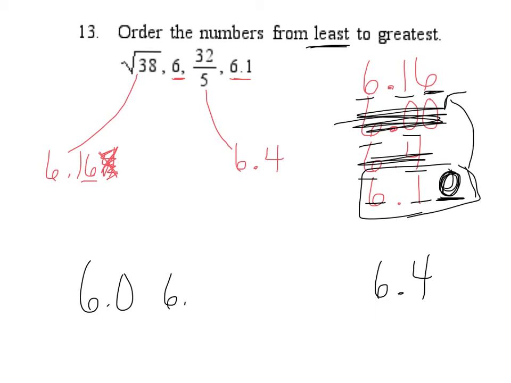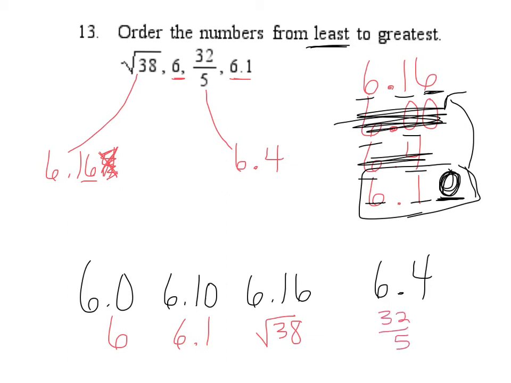So it would be 6.10 and 6.16. But this is not a correct answer because we need to change these back to their original form. So 6.0 was originally 6, 6.10 was originally 6.1, 6.16 was square root of 38, and 6.4 was 32 over 5. So now we're in original form, so we're good.